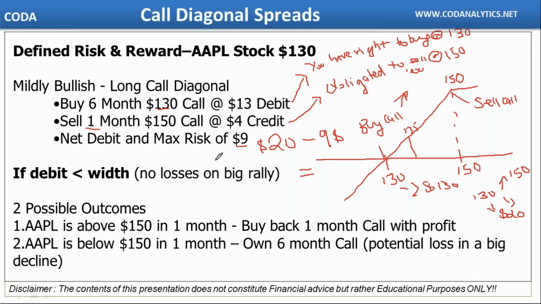You can only lose from it if price plummets downwards. But as long as price is above 130, then we'll be on the safer side. So it's just the same as a calendar spread, only that now we are varying the strike prices for the buy option, I mean for the buy call and for the sell call.